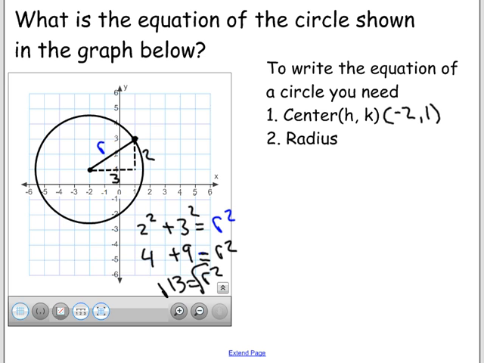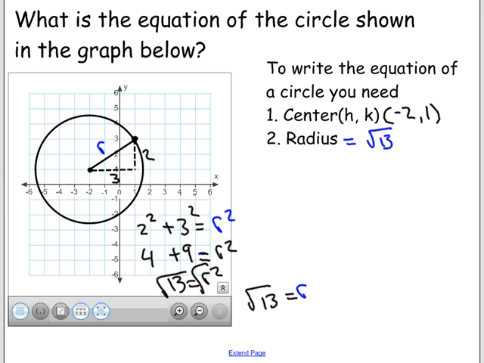Square root both sides. So the square root of 13 is equal to the radius. So the radius equals the square root of 13. We're going to leave it like that in radical form.